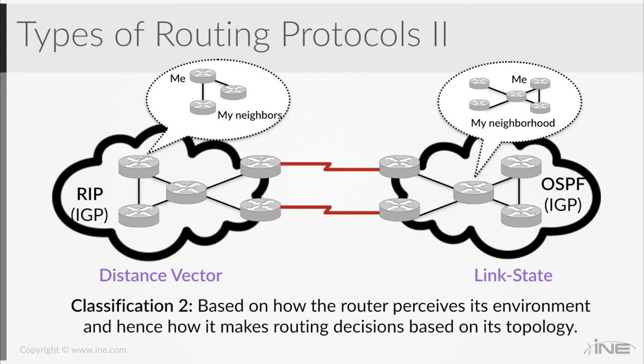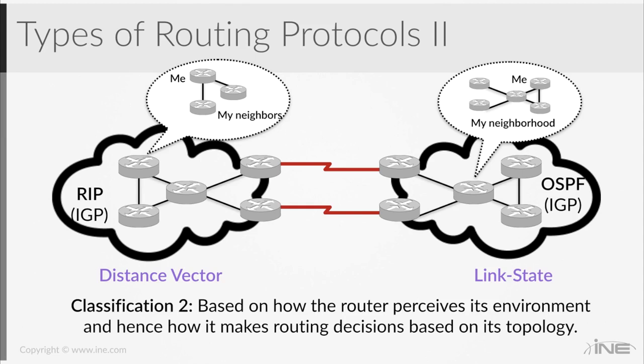And when we talk about the state of its links, of course, it's super important because the links of the router determine what networks it has access to. And if a link is down, then it might lose access to that network and so on. So that's why it's called a link state protocol, because it tracks the state of the links. But moreover, it also has a full view of its neighborhood.